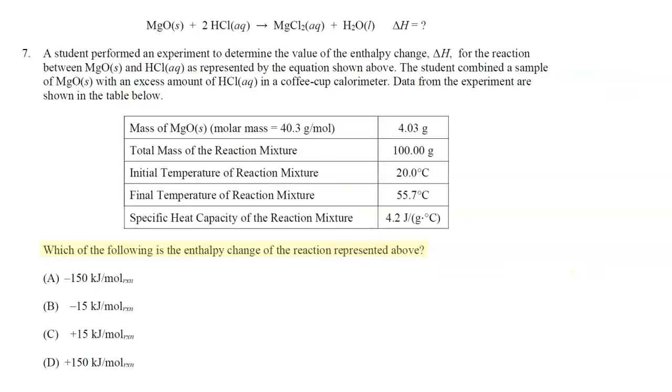So here in question 7, we have an example of a chemical reaction, and there is a calorimetry experiment using a coffee cup calorimeter. So let's go ahead and use Q equals mc delta T to calculate the amount of heat associated with the chemical reaction that occurred in this experiment. So the M represents the mass. The total mass of the reaction mixture is 100.00 grams.